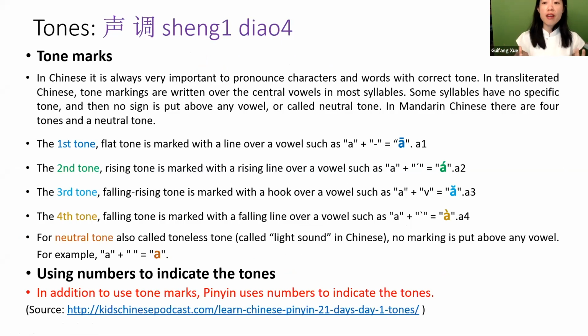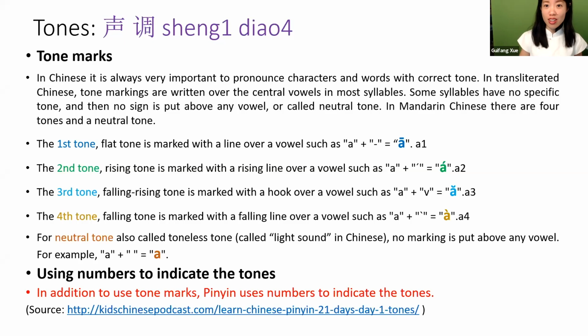Some syllables have no specific tones and no signs above any vowel, which is called the neutral tone. For the neutral tone, there are no tonal marks, because it varies depending on which vowels it goes with, and the neutral tone will change the sounds. So there are 4 tones and a neutral tone in Chinese. We can say there are 5 tones, but the neutral tone doesn't have any tonal marks.